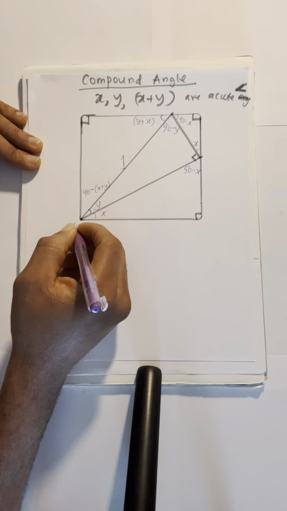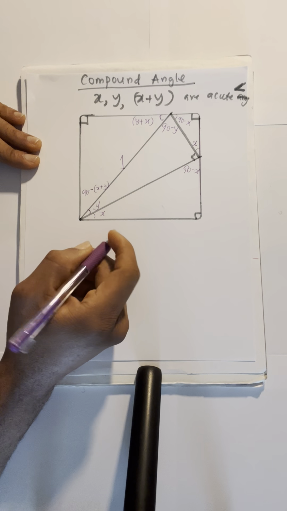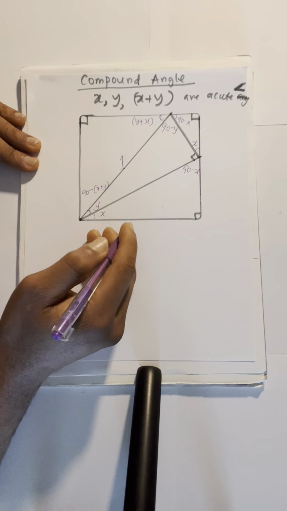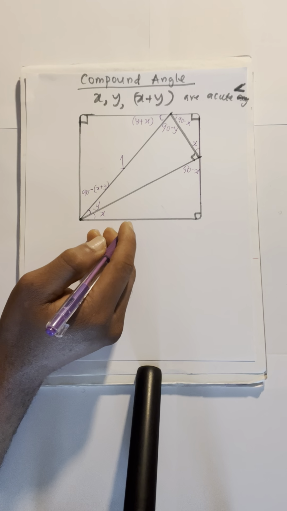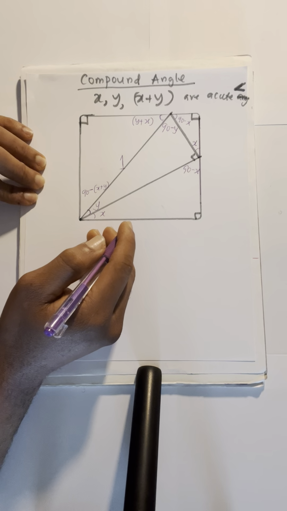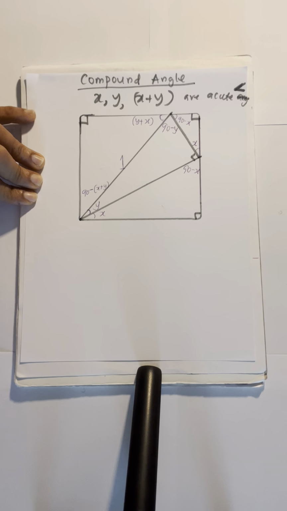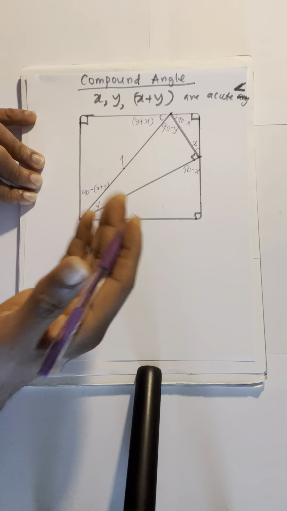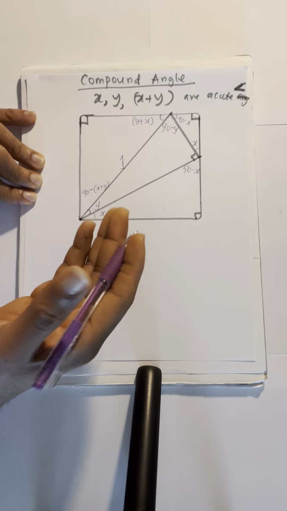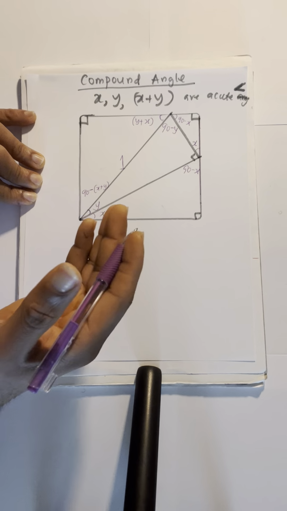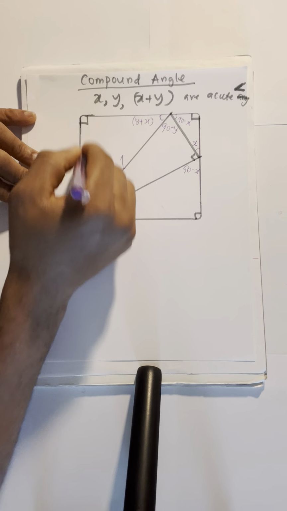Now with what we have here, we can use SOHCAHTOA, which we learned at the beginning of this trig topic, to fill in the lengths of the sides of the triangle.